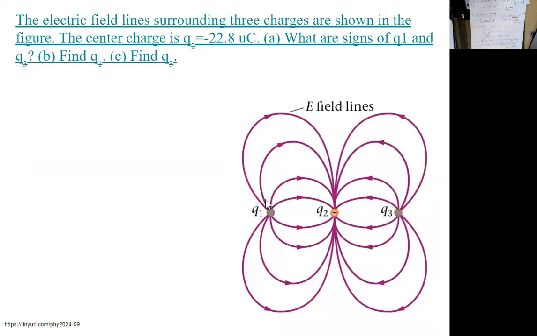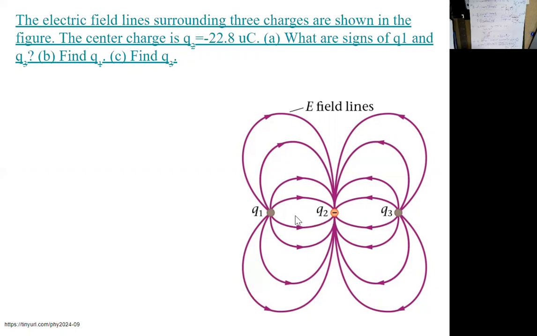You have just 8 lines surrounding Q1, and also 8 lines surrounding Q3. So the number of lines indicates the strength of the field, which is directly proportional to the magnitude of the charge. Okay, so you can see Q1 and Q3 are, magnitude-wise, just half of Q2.